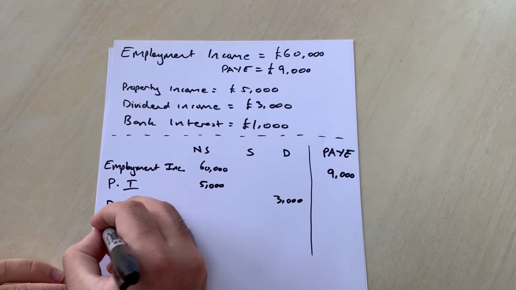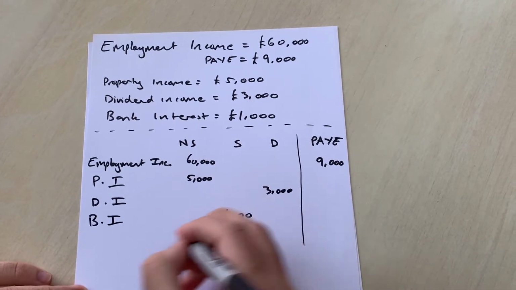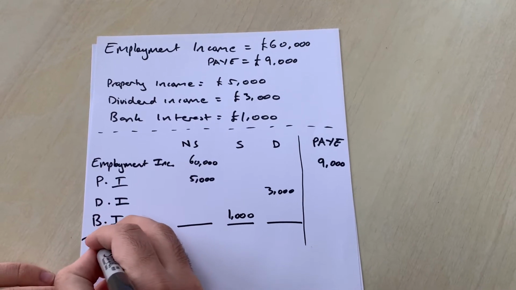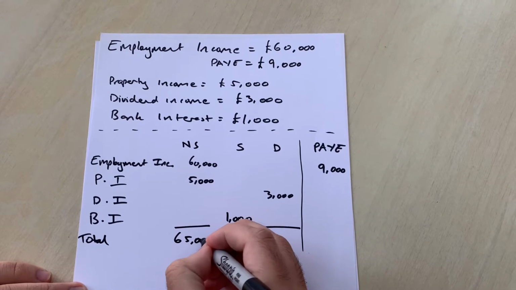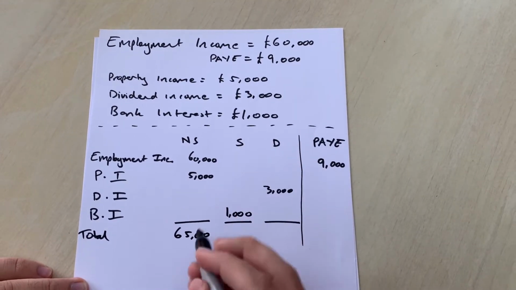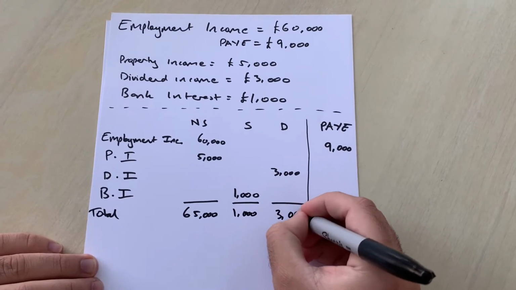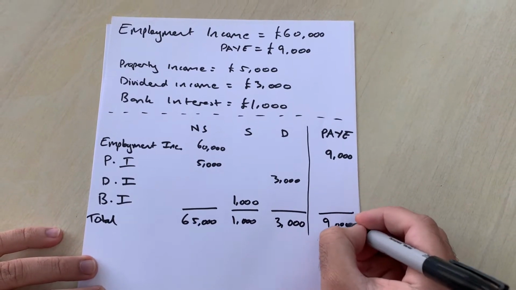So we have bank interest, I'll put as BI, as 1,000. And then let's take a total. So we have non-savings income of 65,000, savings income of 1,000, dividends income of 3,000, and pay as you earn, of course, is 9,000.